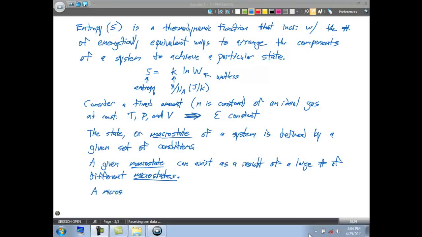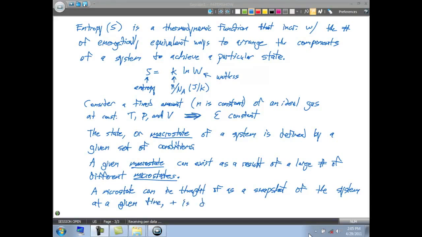And a microstate can be thought of as a snapshot of the system at a given time, and is different from moment to moment.